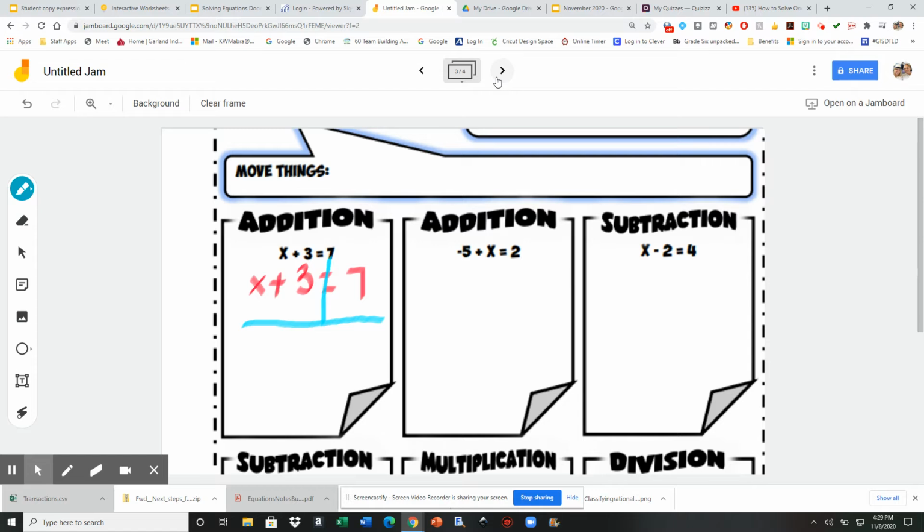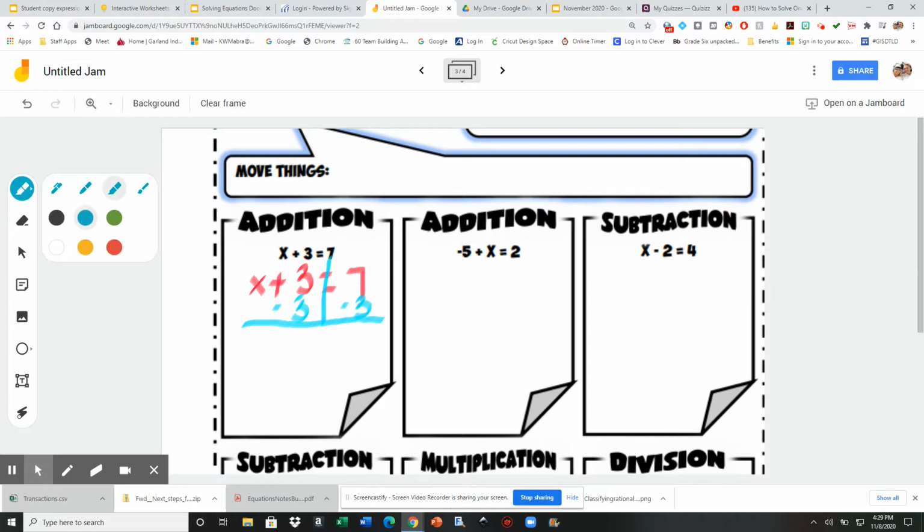So in this problem, it says x plus 3. What's the opposite of plus 3? The opposite is minus 3. So we have to do the inverse operation on both sides of the equal sign, because remember, we want to have a balance. So we're going to subtract 3 from both sides.